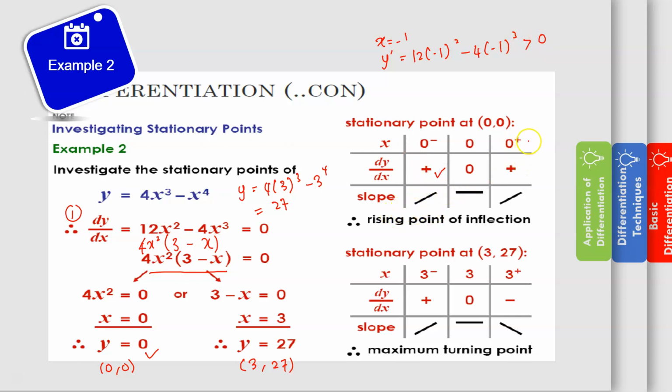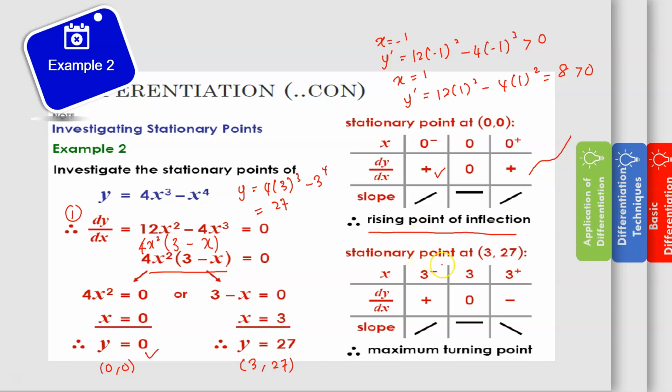And for positive side of 0, I can choose, for example, x equal to 1. I got y prime equal to 12 times 1 squared minus 4 times 1 cubed. So 12 minus 4, I got equal to 8. Still, it is greater than 0, means that it is positive, so will be going up. Means that in this case, the pattern is like this. In this case, we can say that it is a rising point of inflection.